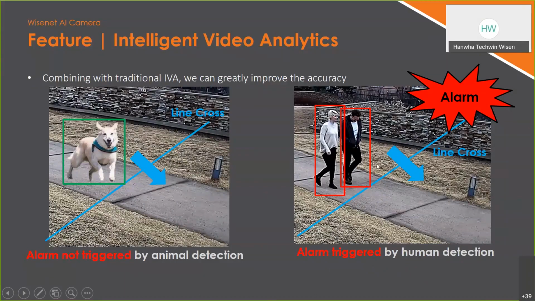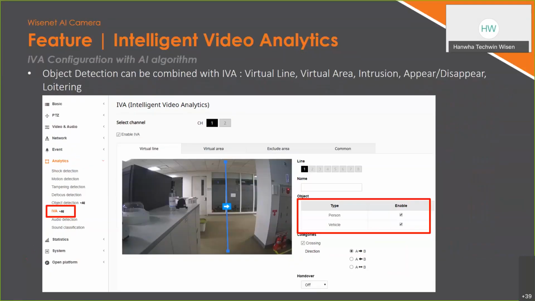So this is also how you can reduce false alarms. You can simply configure this intelligent video analytic from the web viewer. You can just draw the line and you can choose which type of object you want to enable.